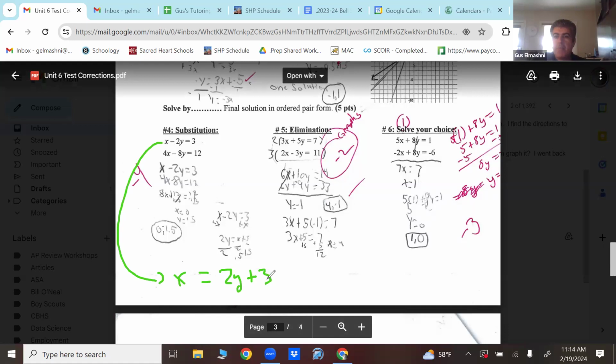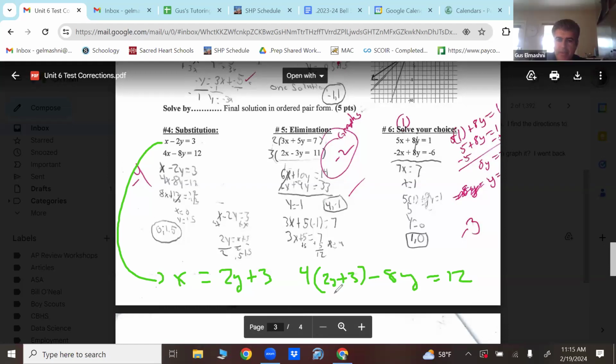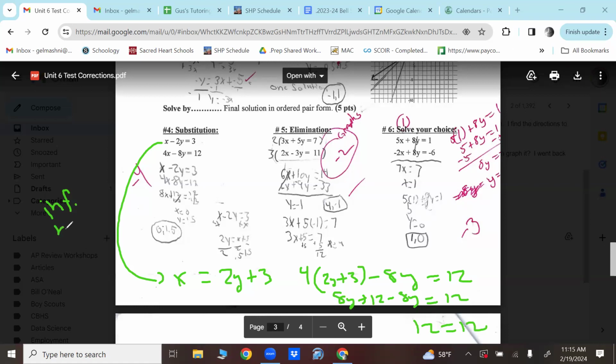So x equals 2y plus 3. That's what you're supposed to do. And then you distribute. And you see that the y's cancel. When that happens, those are the same line. So you say infinitely many solutions.